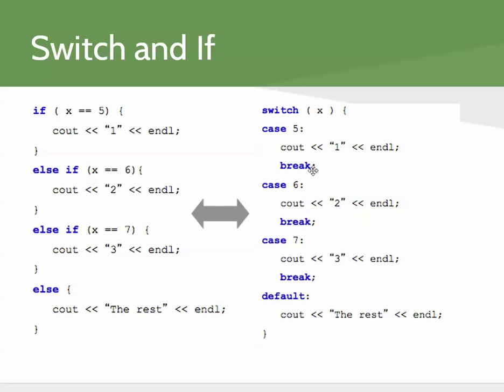I'm going to print out 1, but without this break statement, I'll continue executing. I'll print out 2 then. And if I never hit a break statement at all, I'll go right through all the way to default. So if I leave out all the break statements, it'll literally say 1, 2, 3, the rest. So the break statements are very critical here. We'll see in a moment why they exist and why you might want to omit them occasionally.